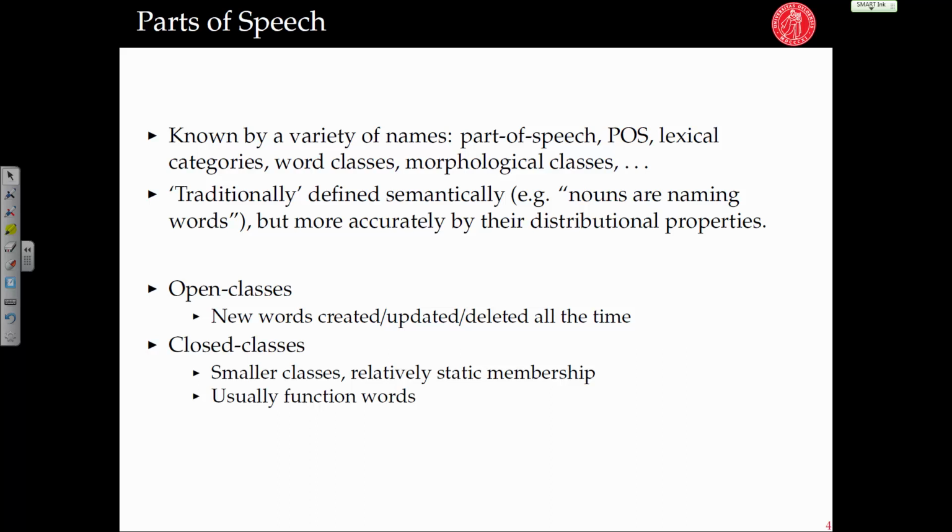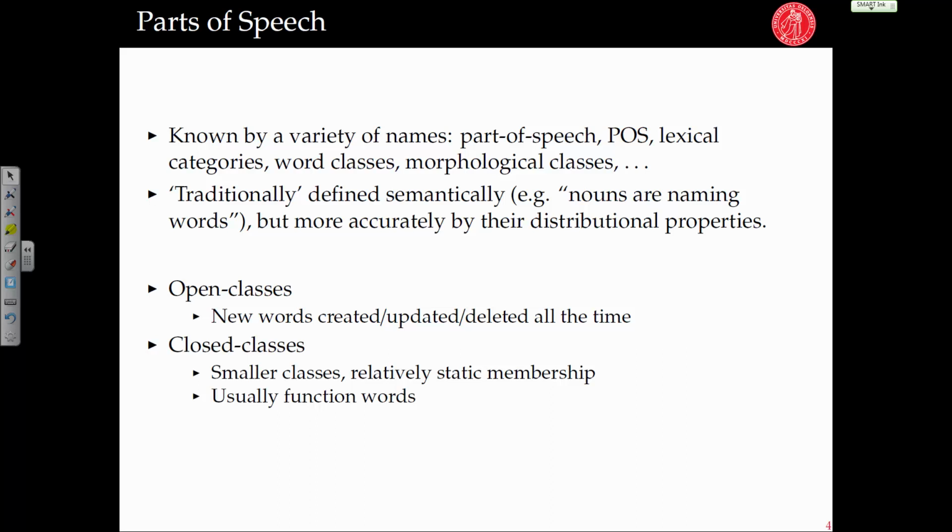Or the same can be said about determiners or prepositions. So this is the difference. One is more static, one is more fluid, changing over time. And closed class words could be seen also as function words. So words that are not contributing a lot to the meaning, but rather to the construction of the full sentence and making it more grammatical.